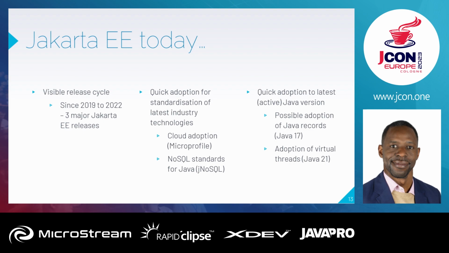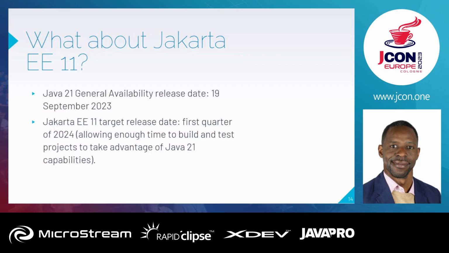Jakarta EE 11 might adopt Java 17 and Java 20 up to Java 21. And then they might release it a bit later. I said 2023, but it's supposed to be 2024.